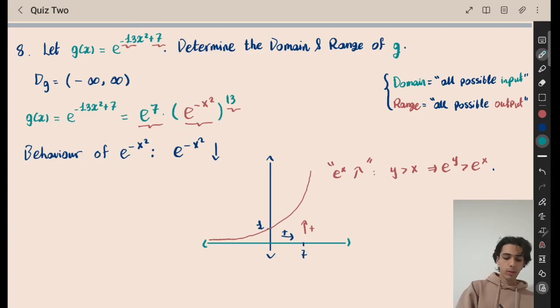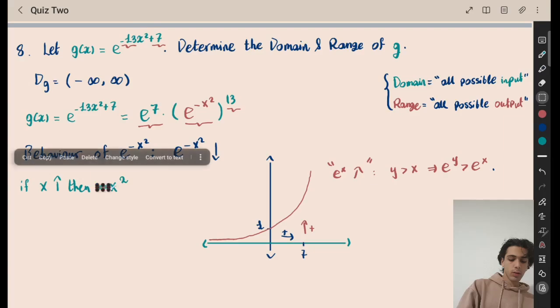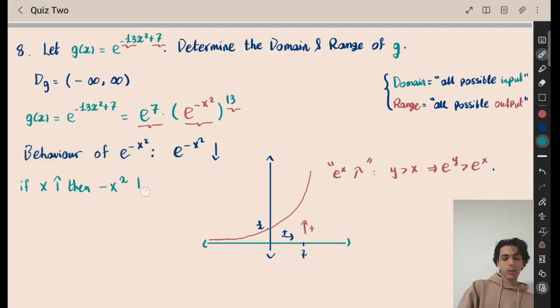But in full generality, if this function is decreasing, then the problem really is with minus x squared, which means that if x increases, then minus x squared is decreasing. This is obvious. So this is also a decreasing function.